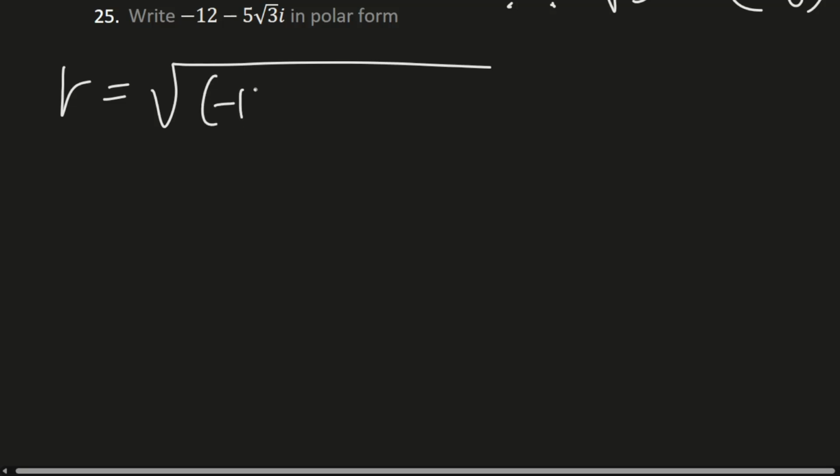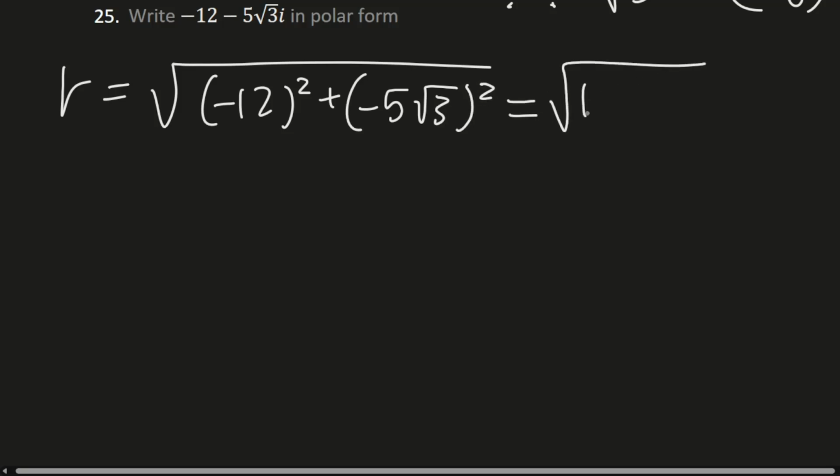Find the modulus, negative 12 squared plus negative 5 square root of 3 squared. That's going to give us square root of 144 plus 75, which is equal to square root of 219.